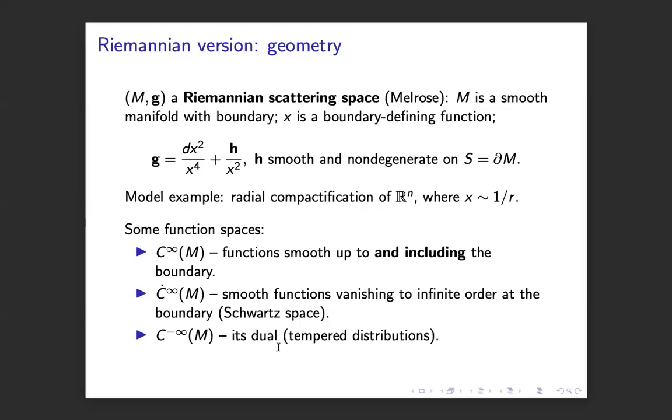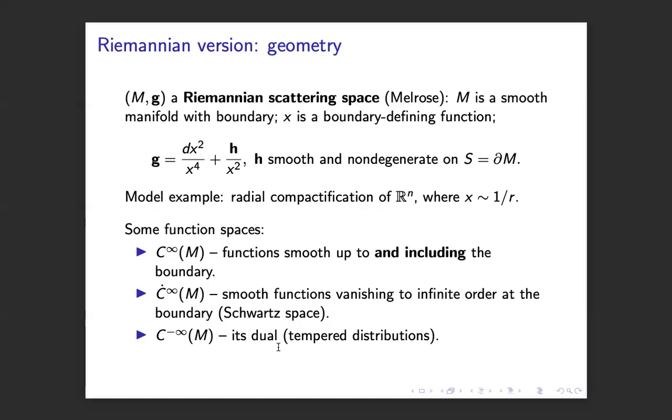And this is actually not some completely random class of spaces. If you just take R^n and compactify it into a ball, by taking any line through the origin and adding a point at the end, so it gets compactified radially like this, then the Euclidean metric is actually of this form.